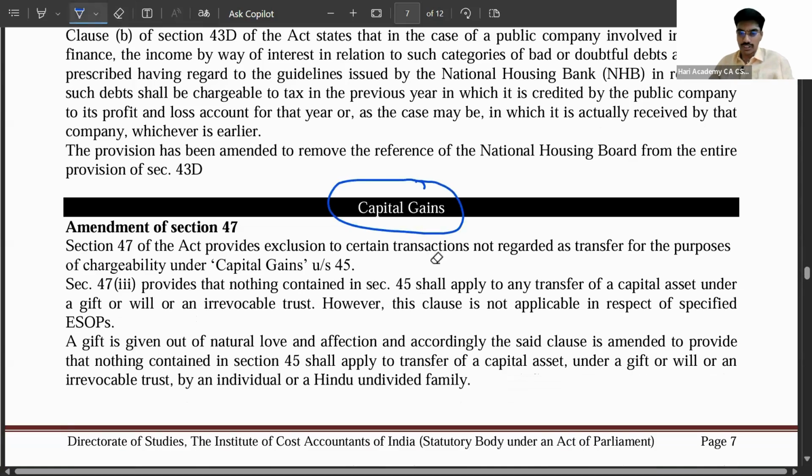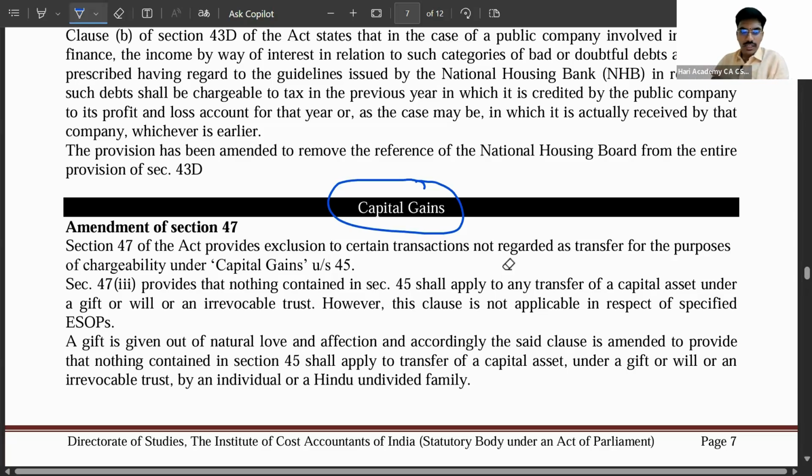Don't ignore this chapter, because the entire methodology in which capital gains has to be computed has gone into a change. There are multiple unanswered questions, and even the returns are capturing it. This is not a very easy area, and it has gone a major overhaul. So whatever has been studied has to be changed.